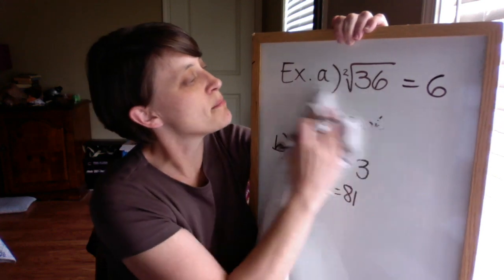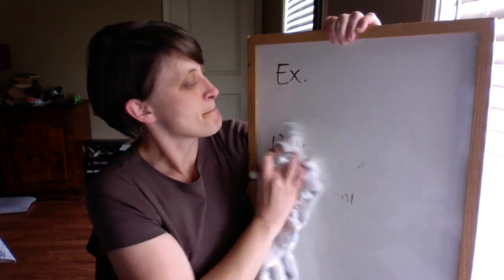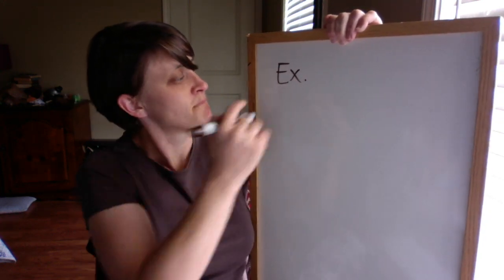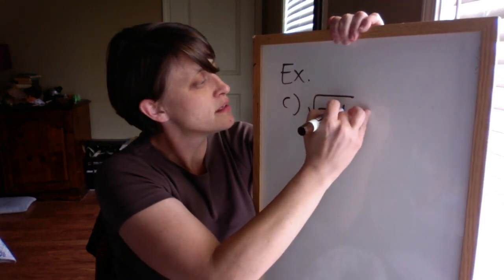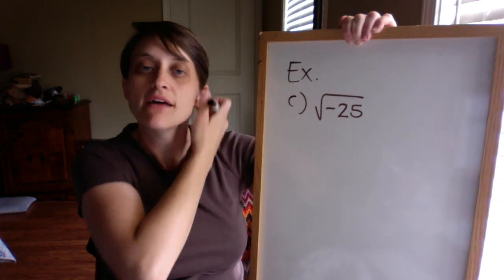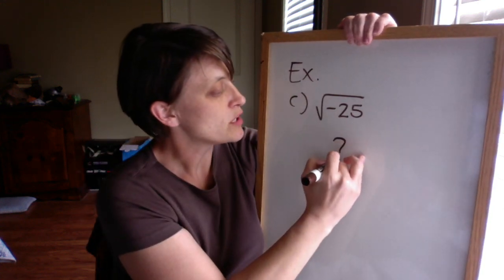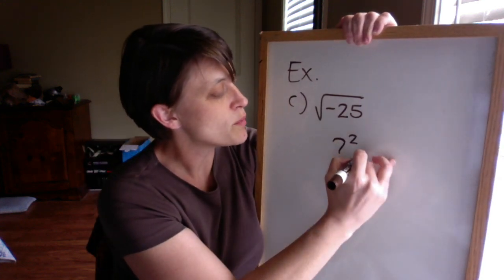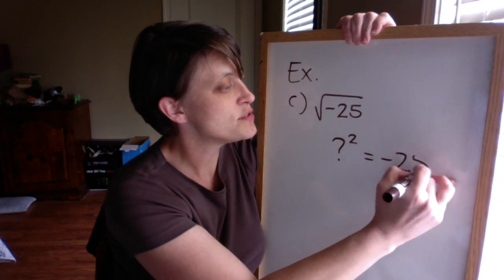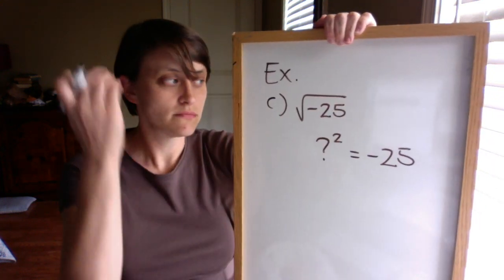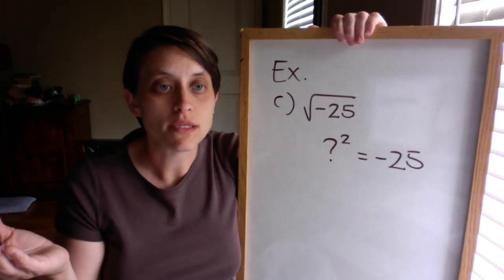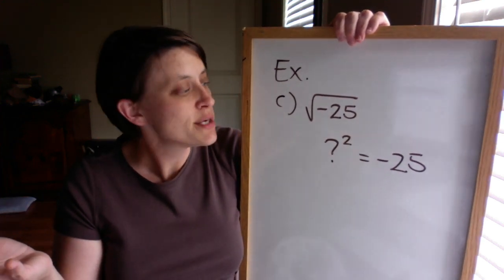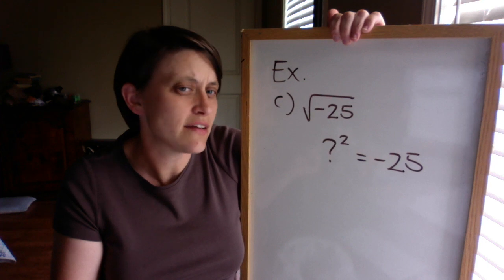All right, let's look at a couple more. Let's look at the square root of negative 25. Again, what we're looking for here is the number that when you square it gives you negative 25. Well, we know what number when we square it gives us 25. That's 5. So we might be tempted to say it's negative 5.